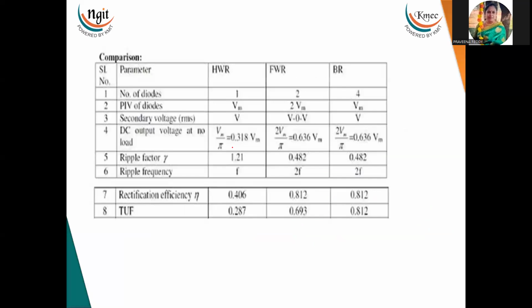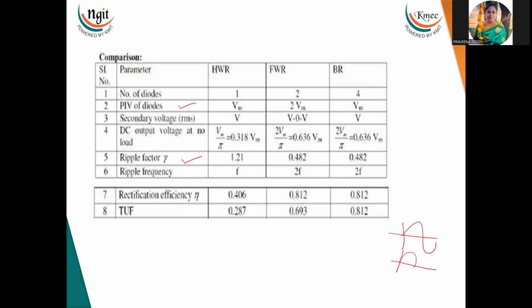So this is the comparison table for the half wave, full wave, and bridge rectifier. All these we have derived. PIV we derived: Vm in the case of the half wave rectifier, 2Vm in the case of the full wave rectifier, and again in the bridge it is Vm. Then the ripple factor we derived, and the ripple frequency. This is the input frequency, that is 50 hertz.